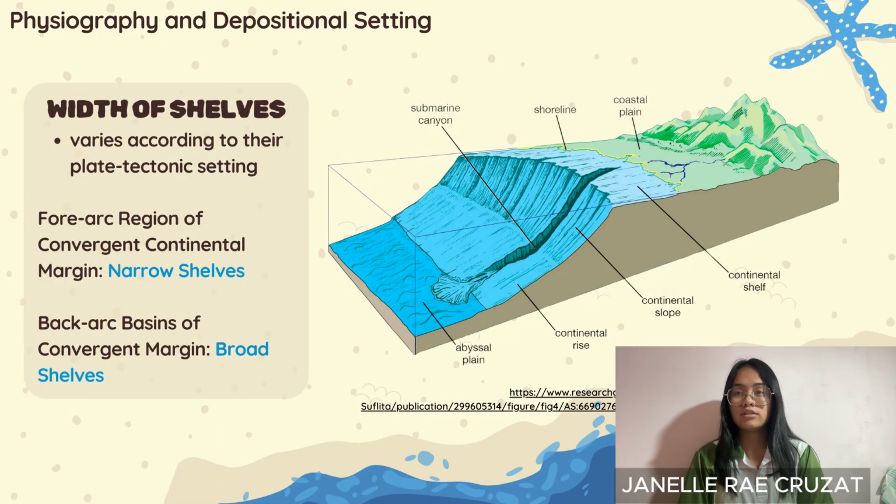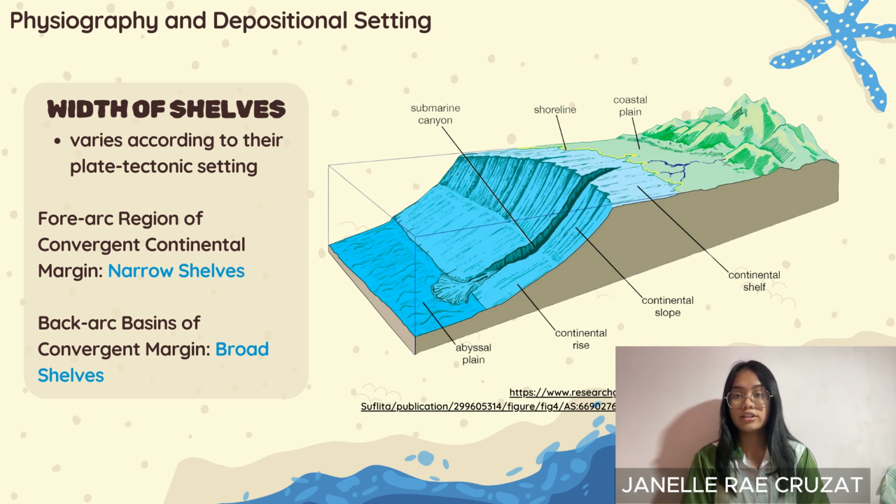Let's explore how the width of continental shelves can vary. So it turns out that this variation is influenced by plate tectonic settings. In fore-arc regions of convergent margins, where two tectonic plates collide, the continental shelf tends to be narrow. This happens because the intense tectonic activity, including subduction and folding, can compress and uplift the seafloor, limiting the shelf's width.